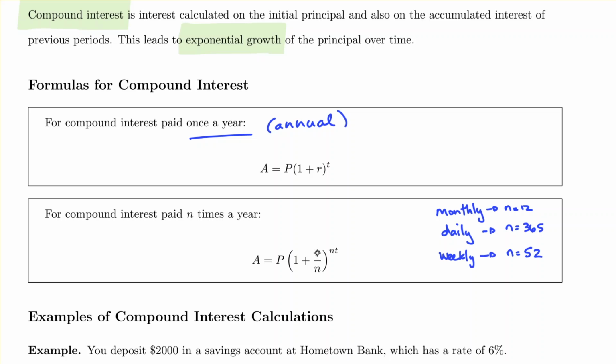And notice the n in this case divides the interest rate. R is the percent interest as a decimal in both formulas. P is the original principal.